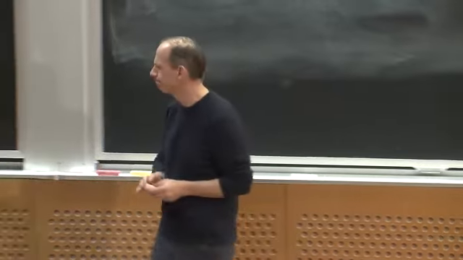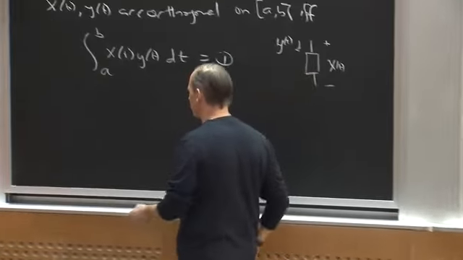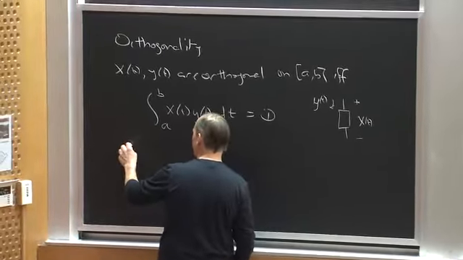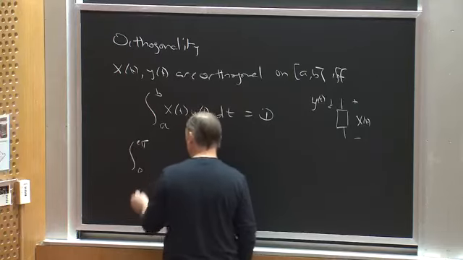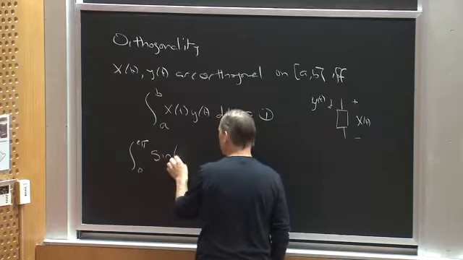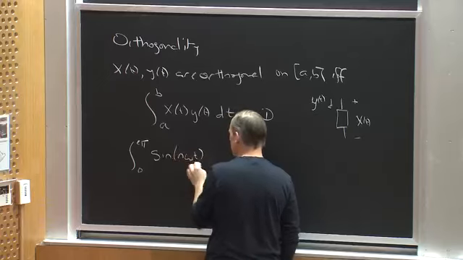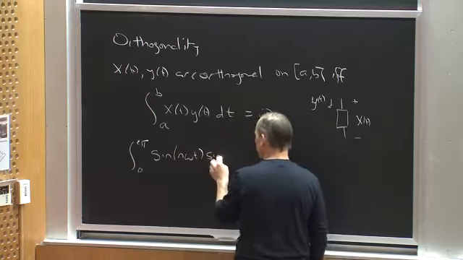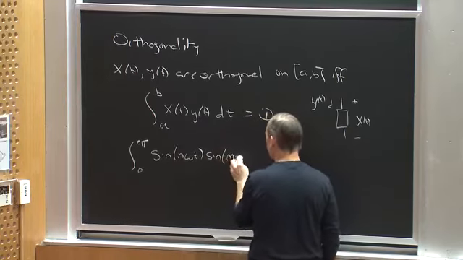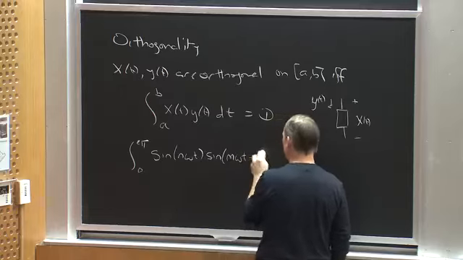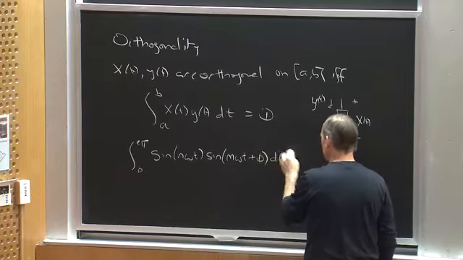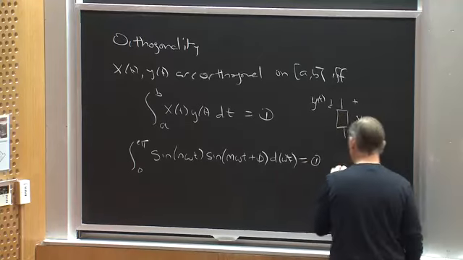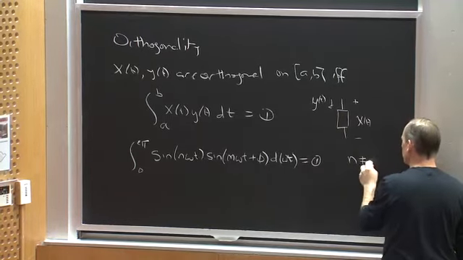Just as a reminder, coming back to some trigonometry: if I have the integral over 2 pi of sine of n omega t times sine of m omega t plus some angle phi, d omega t, it is equal to 0 if n is not equal to m.